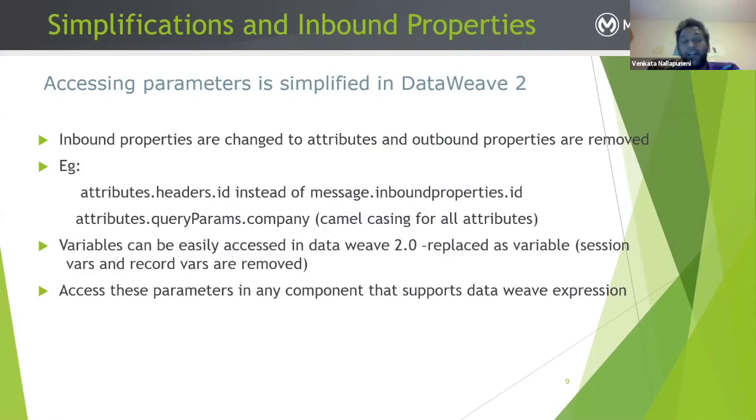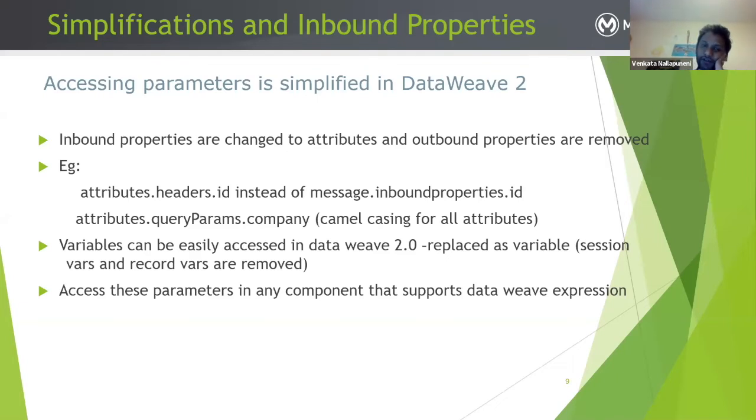One important aspect, although it may not be relevant to DataWeave, is variables in Mule 4. The session variables and record variables are removed, just the variables. You can simply specify vars dot and the variable name. So we can access these parameters in any component.